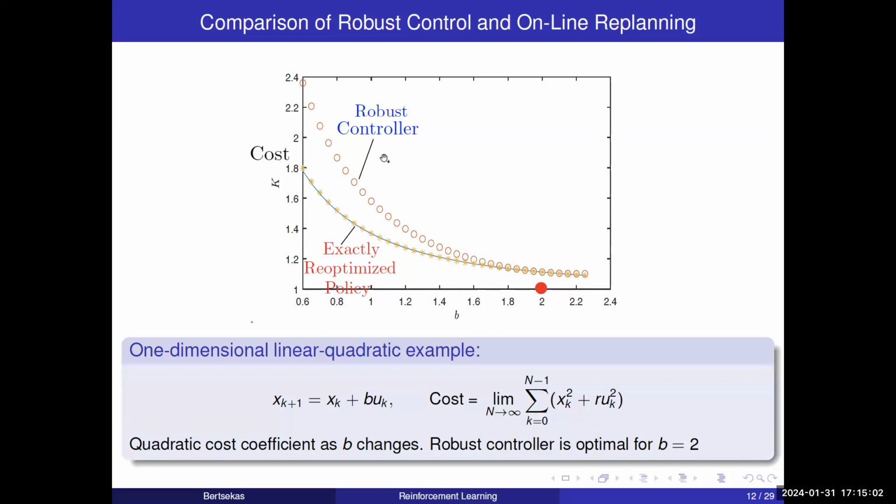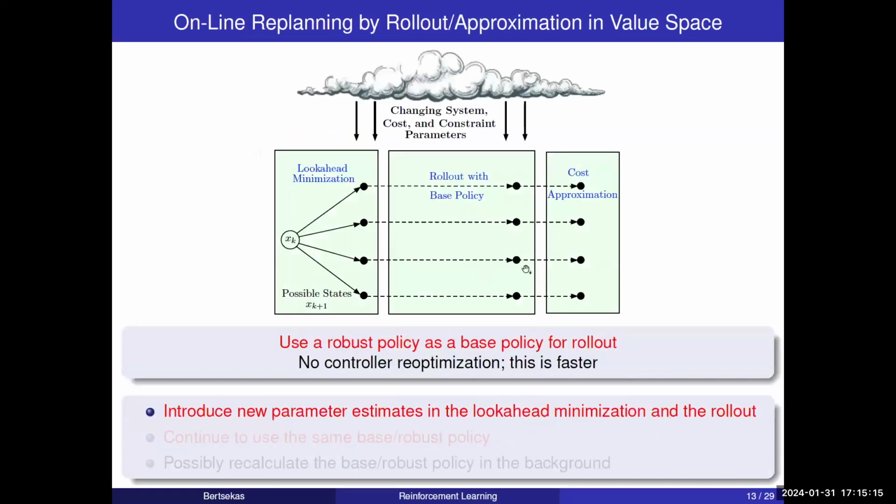Okay, so I'm going to come back to this figure, but what I'm going to focus on now is, instead of reoptimization, using an approximation to that, like rollout in this particular case, or approximation in value space. So we're going to deal now with online replanning by rollout or approximation in value space.